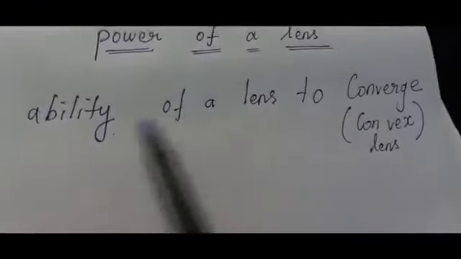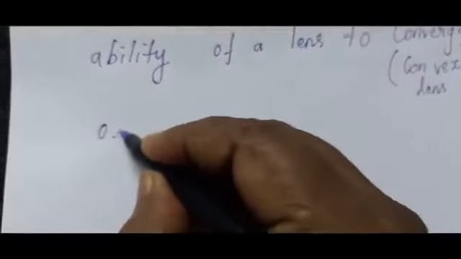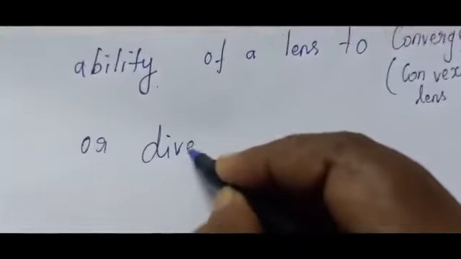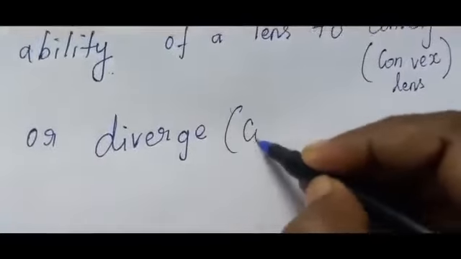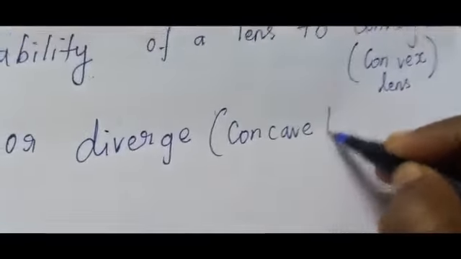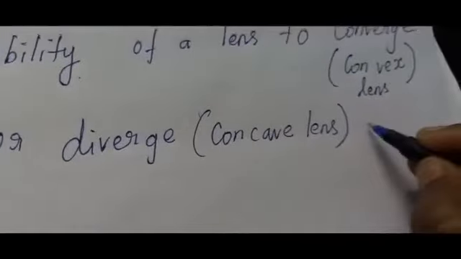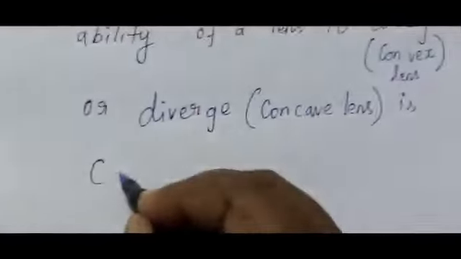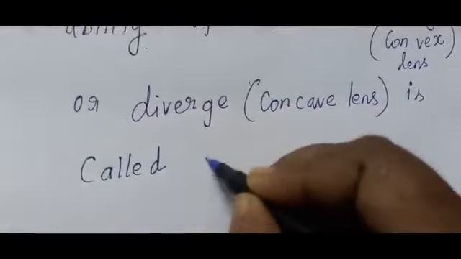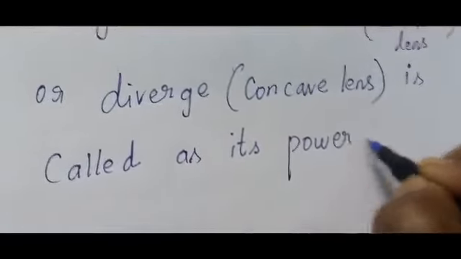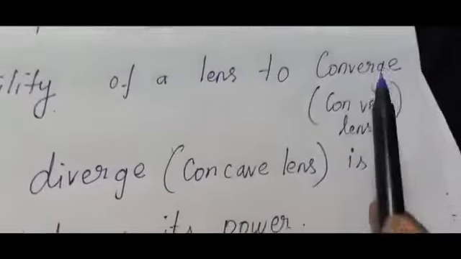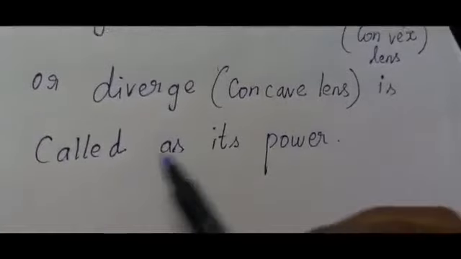So the ability of a lens to converge or diverge is called its power.